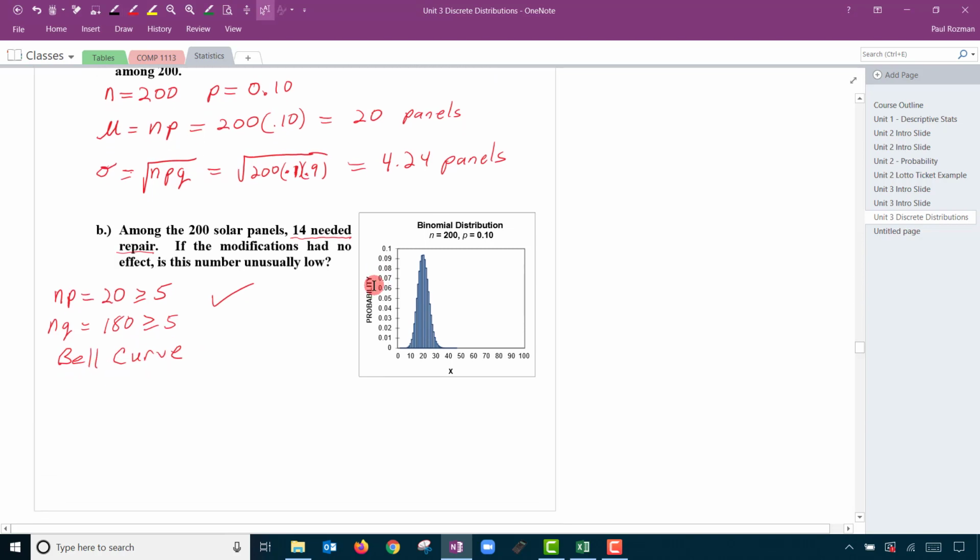When we have a bell curve, our criteria is if you have a z-score between -2 and +2, this is a pretty typical score. So let's calculate the z-score for the number 14.